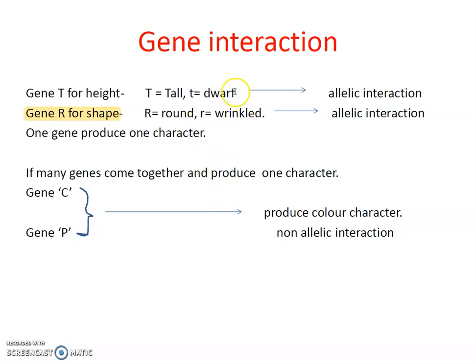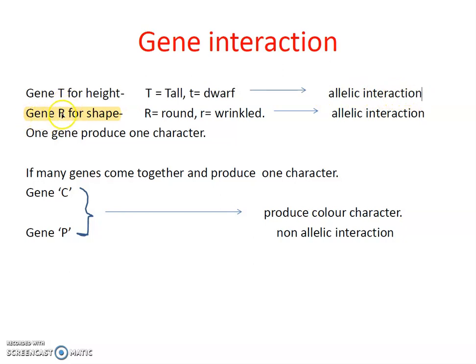Small t is for dwarf and capital T is for tallness. When capital T and small t interact with each other, it is called allelic interaction, because both alleles decide the same character and have the same letter, T.